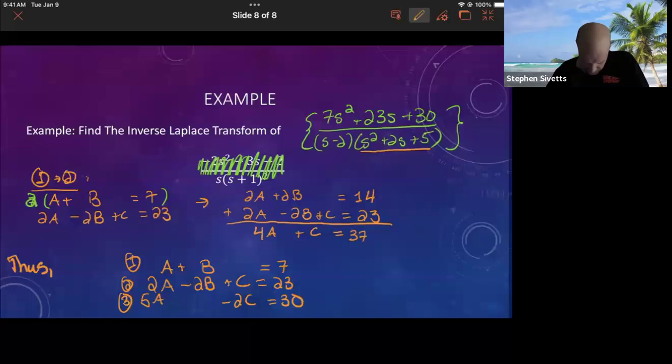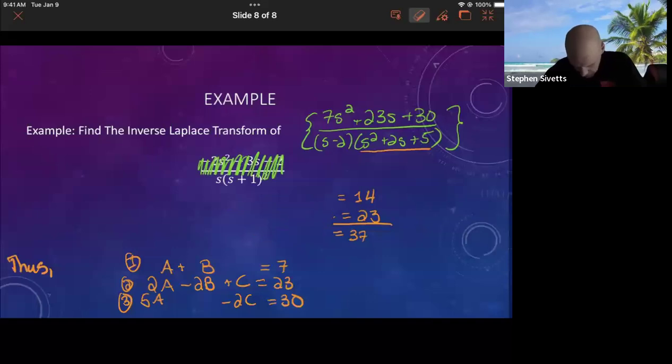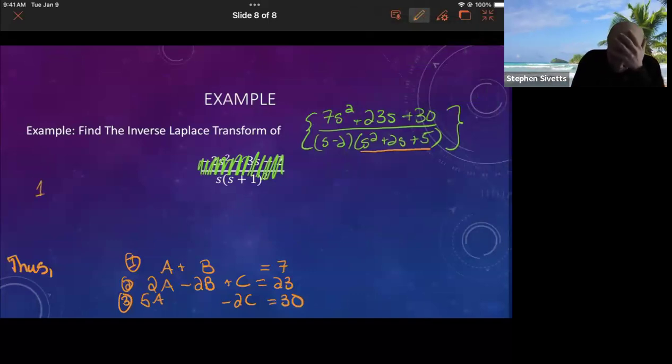Or maybe I can just do substitution. That's a lot easier. There's no way I can do elimination here. So I'll do substitution, because if I solve for a in equation 1, I'll have a is equal to 7 minus b.